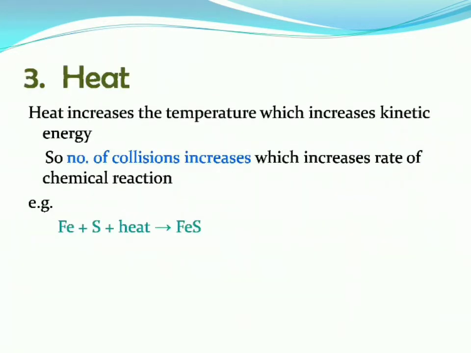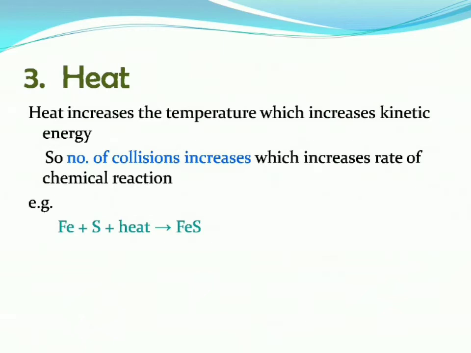Then the next condition is heat. You must have seen that sometimes reactions occur between substances on heating them. For example, if we mix iron filings with sulfur, no new substance is formed. But when the mixture of iron filings and sulfur is heated, a new compound called ferrous sulfide is formed. Have you ever thought, why is that?